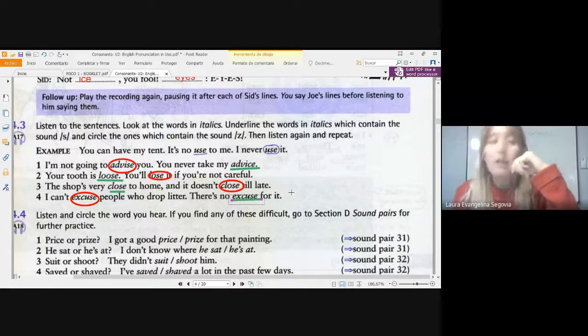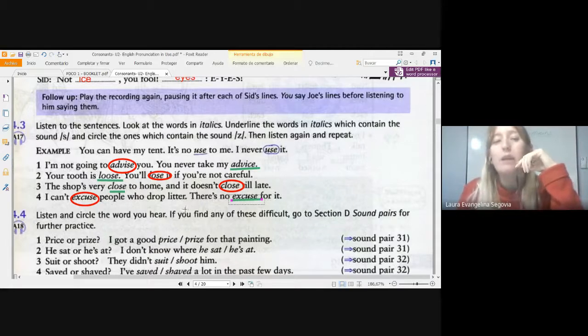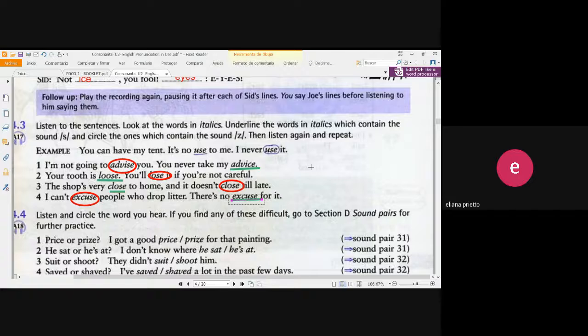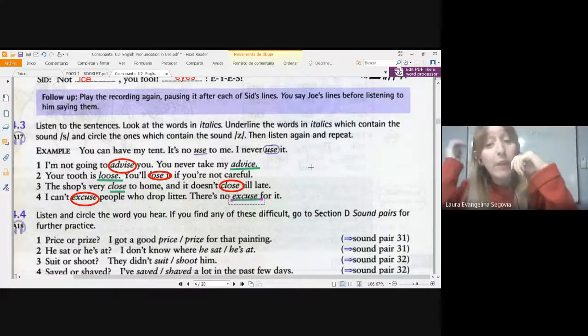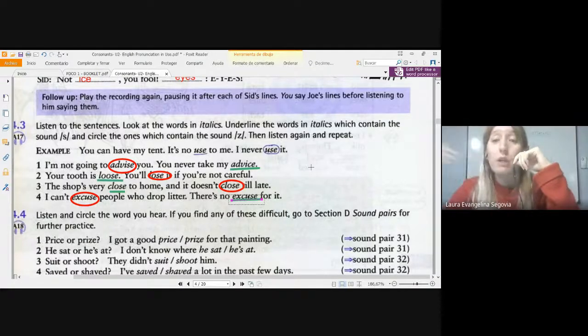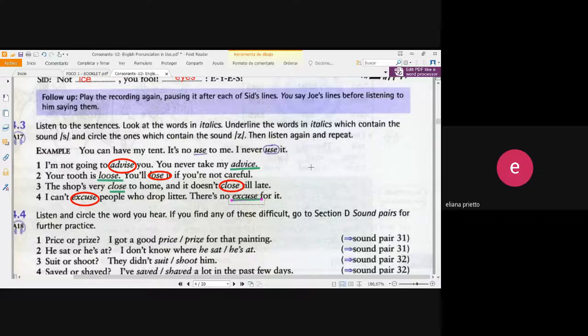Okay, that's it. Can you tell me, any of you, which is the connection between all these circled words? They are all verbs. Okay, so what would the conclusion be? Verb with z sound.